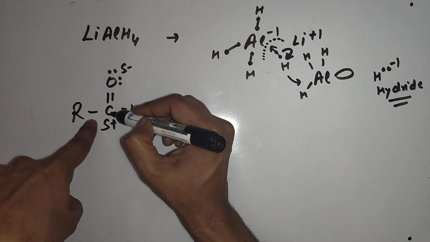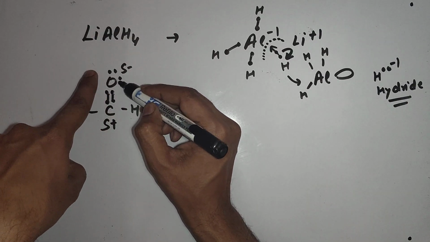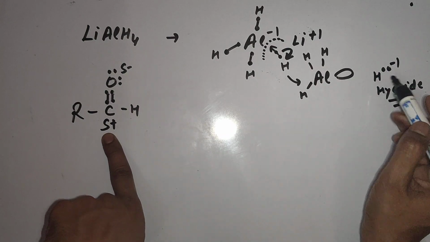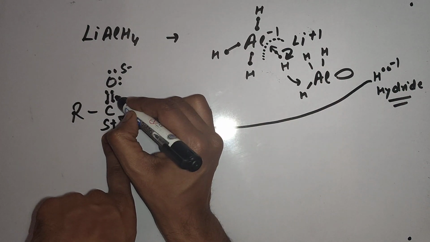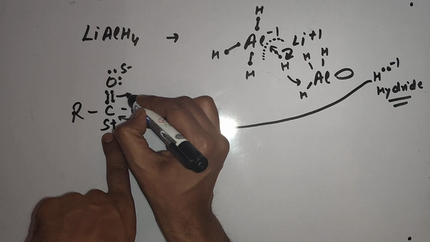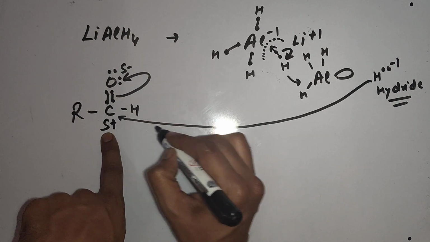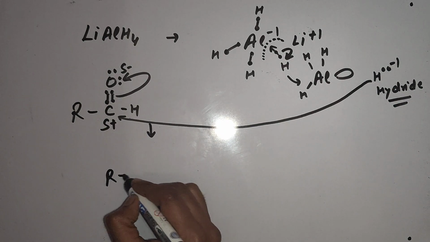Because oxygen's electronegativity is more than carbon, all electrons of bonds are toward the oxygen side. That's it. This is the positive particle. This is hydride. It will attack on it, due to which these pi electrons will completely transfer toward oxygen, and the fourth bond of the carbon will be generated with hydrogen. The next condition will be this.